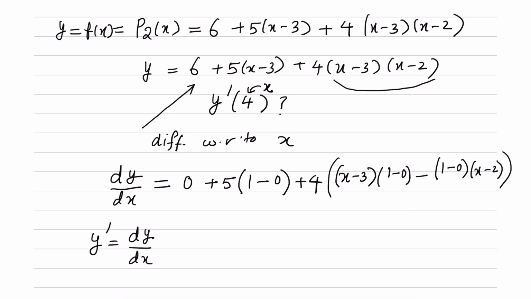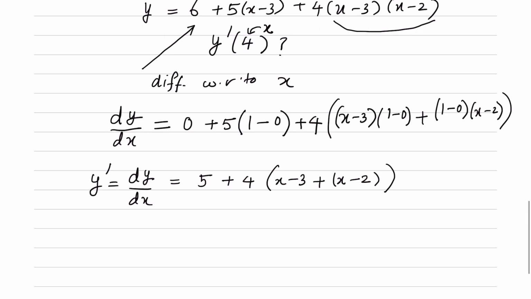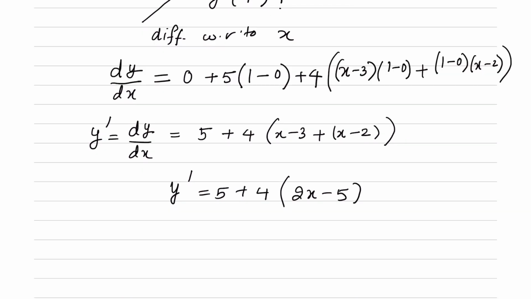We have calculated the derivative of y with respect to x, which we are also calling y dash. Now we will simplify: 5 plus 4 into x minus 3 plus x minus 2. So we have calculated the derivative of y with respect to x. Now we have to find y dash at 4, meaning that in the place of x we will put 4.